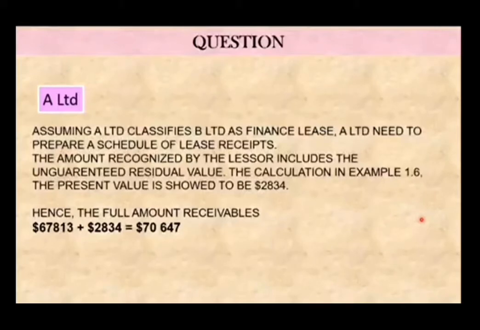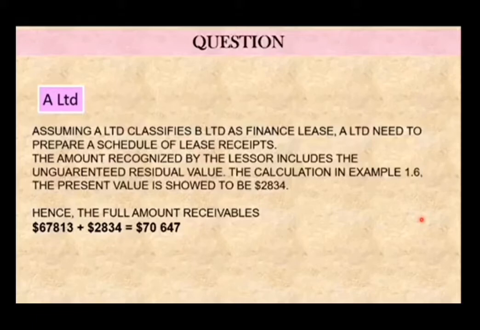Assuming A limited classifies B limited as a finance lease, A limited needs to prepare a schedule of lease receipts. The amount recognized by the lessor includes the unguaranteed residual value. In the calculation in example 1.6, the present value is shown to be 2834.